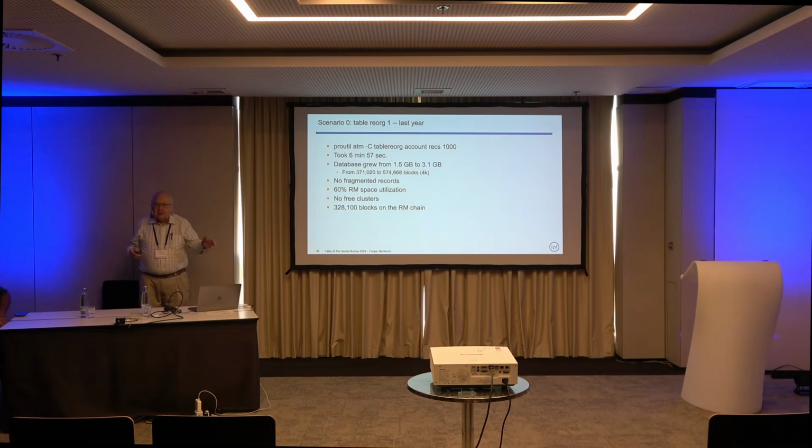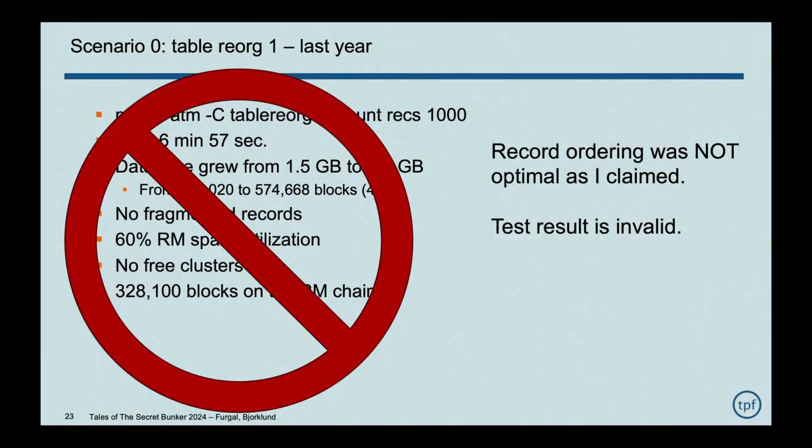So the first test we ran, the database doubled in size because all the records got moved. Something's strange here because the records don't need to be moved. They're already in the right order, except they weren't, but I didn't know that. So we got this result, which is not correct.